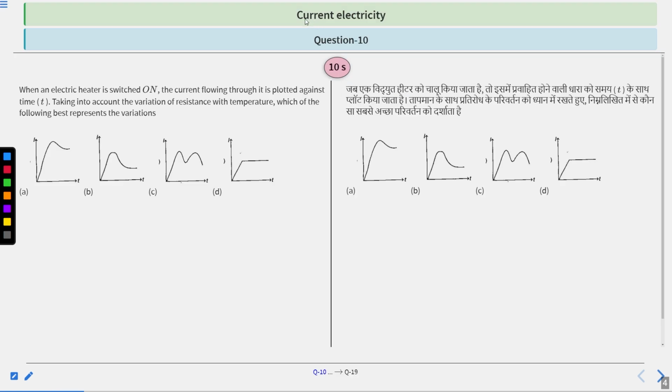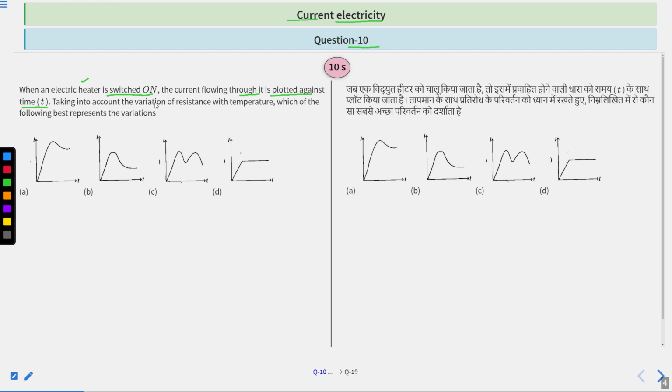So, topic is current electricity. Question 10. The question is, there is an electric heater that is switched on, and the current flowing through it is plotted against time.